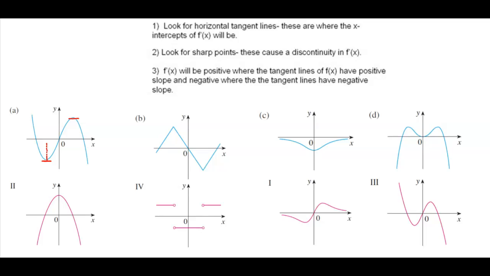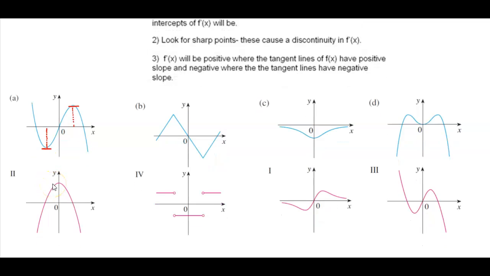So you can see here that this value is a negative value, and that is a positive value. So if you take a look down here, this is where our x-intercept is 0. And then over here, we also have an x-intercept at 0. So that means we have 2 x-intercepts.